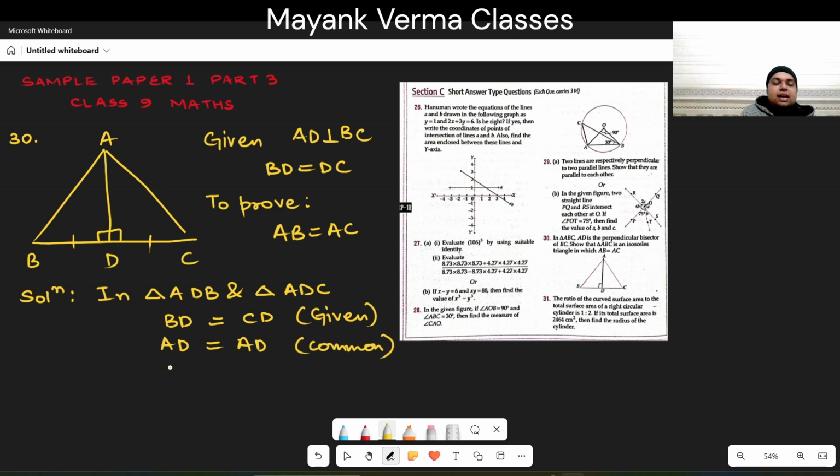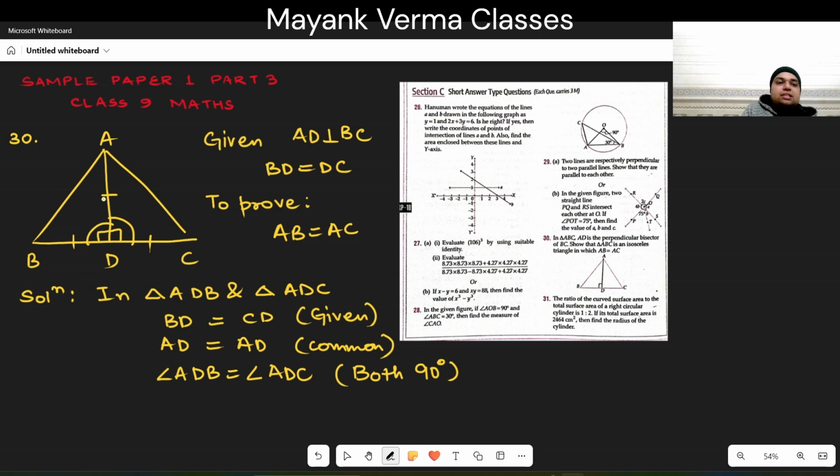And third, angle ADB is equal to angle ADC. This angle is equal to this angle. Both 90 degrees. So which rule? This is the side angle side rule, right? So side angle and side rule.